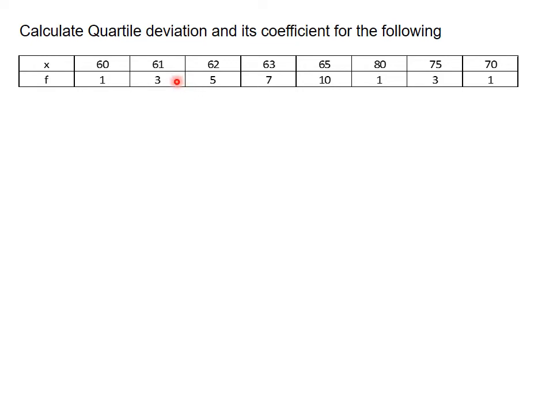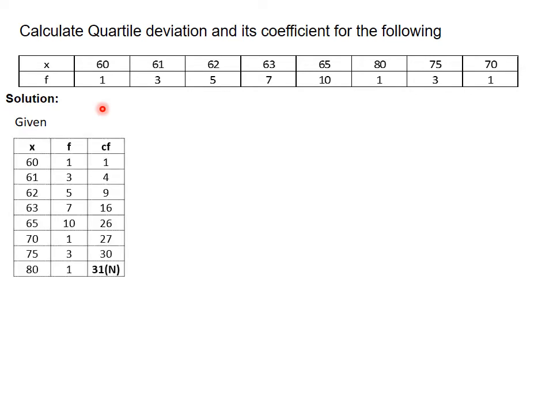As we know, we are all familiar with how to identify whether the given problem is discrete. For each and every value of x, if we have a respective frequency, then we can conclude the problem comes under the discrete case. Now, in the solution, first write the given problem as it is.